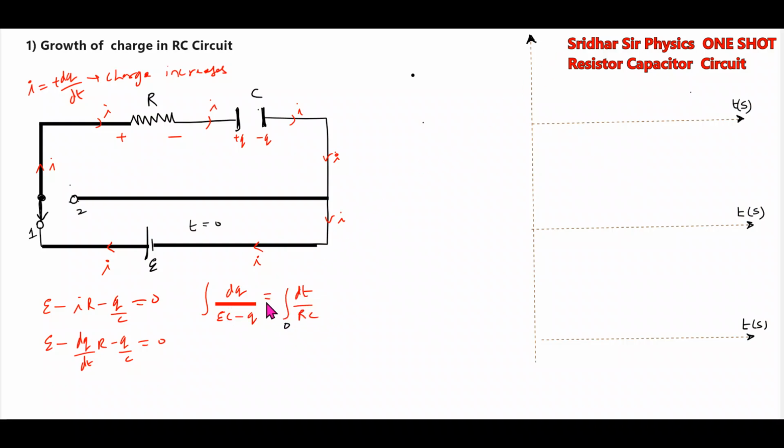Then at t equals 0, the initial charge across the capacitor is 0, and at any instant of time let the charge be Q. After solving this, I'll get Q equals CE into 1 minus e to the power of minus t by lambda, where lambda is called the time constant of the circuit. Directly I'm writing it. Why time constant? It will have the unit of seconds.